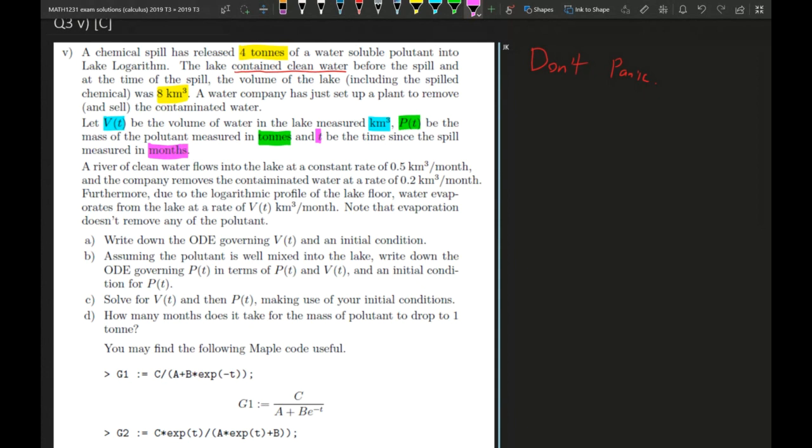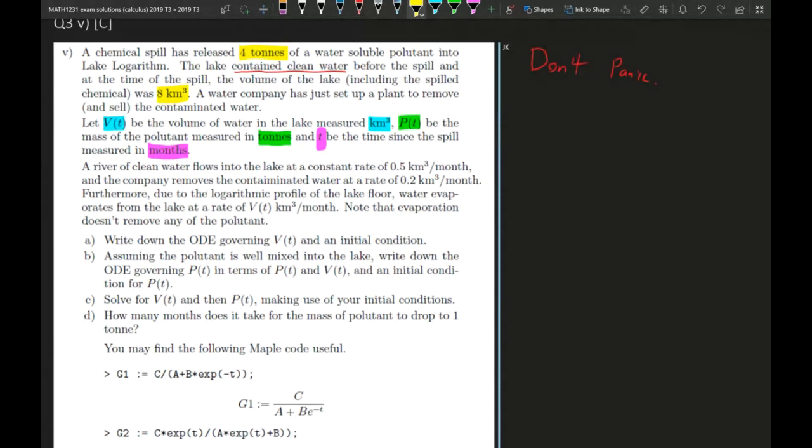Now, you'll notice we're not trying to be unkind here. One of the interesting things that can happen with differential equations is the units can change. You might have information given to you in different units, but that is a complication we're avoiding here. We're giving you all the information in the same units. So what do we have? That's pretty much just setting the notation, setting some initial conditions.